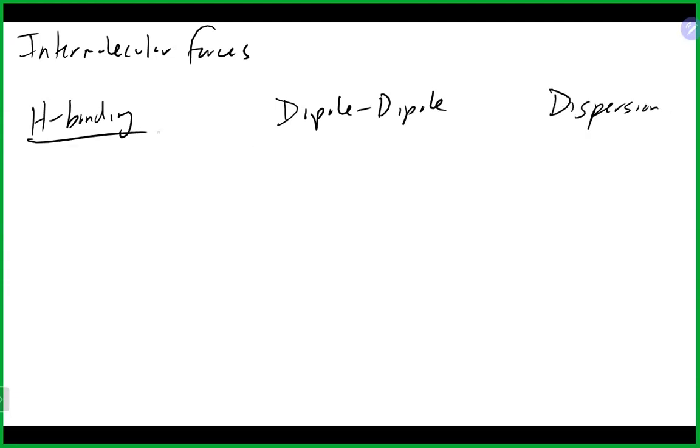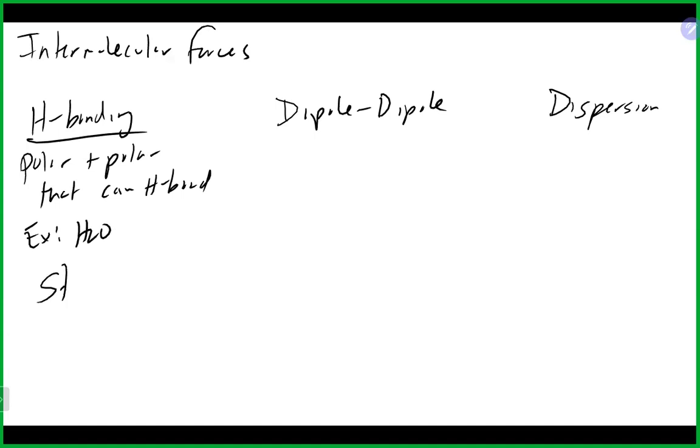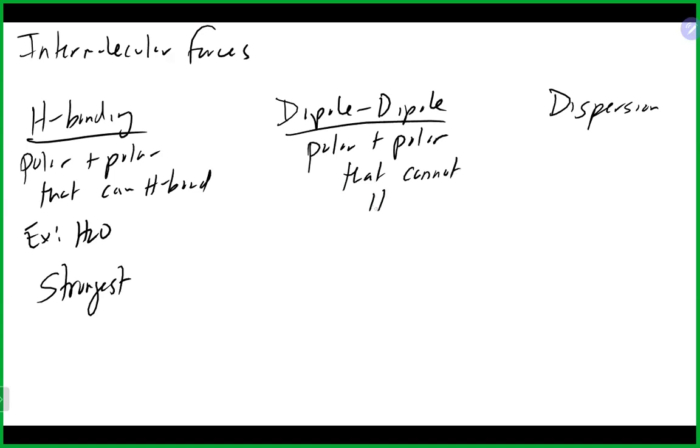And when we talk about hydrogen bonding, that is for polar molecules that can hydrogen bond, like our water. And that is the strongest interaction you can have in terms of intermolecular forces. Dipole-dipole is for polar molecules that cannot hydrogen bond.